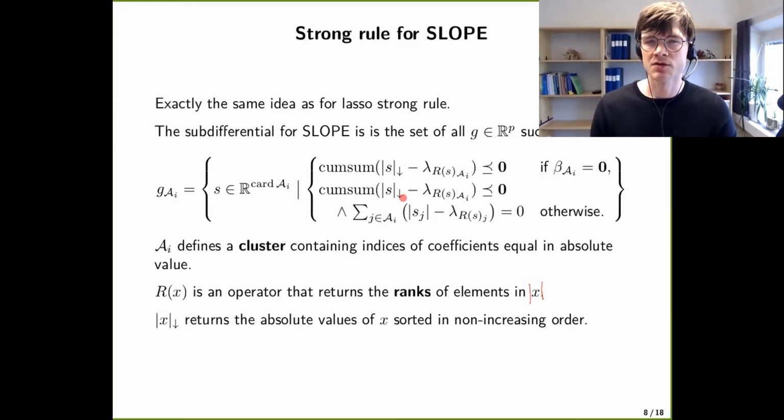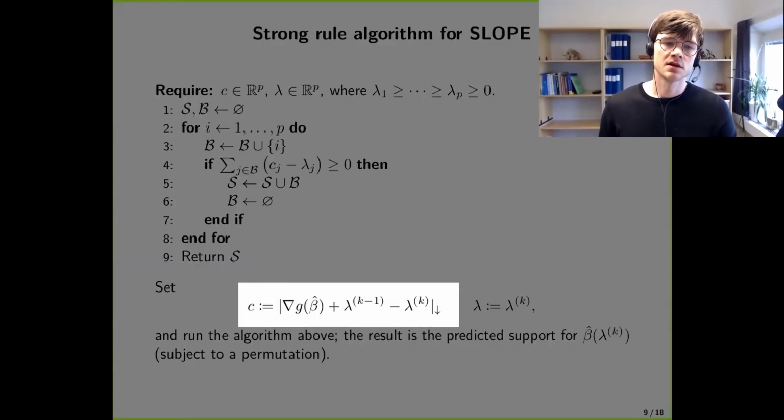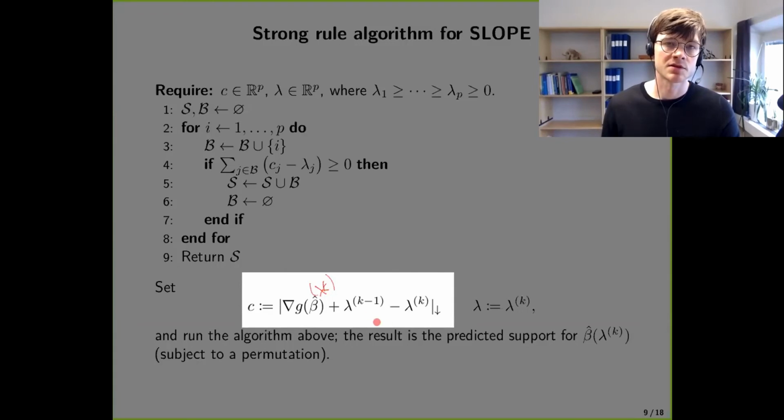Now I'm going to move on to the algorithm we use in practice, because it turns out that it is not as easy to apply the strong rule for slope as it is for the lasso. So here we have to use an algorithm to do this. We're going to start by setting c equal to the absolute value, sorted in decreasing order, of the gradient, plus the difference between two lambda vectors, lambda k minus 1 and lambda k.